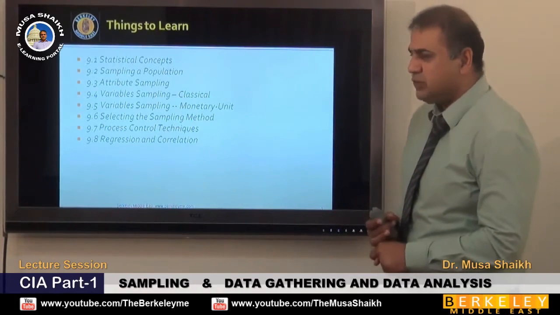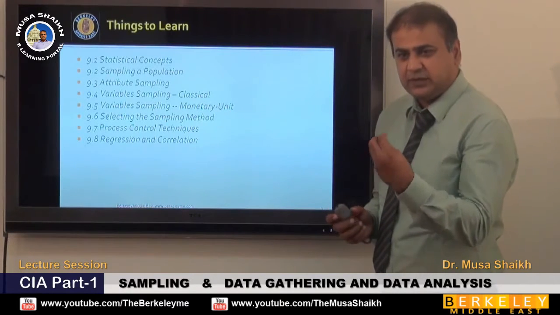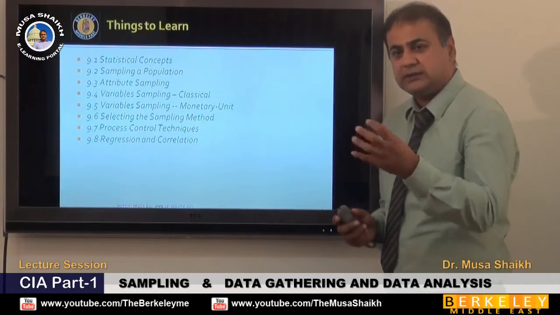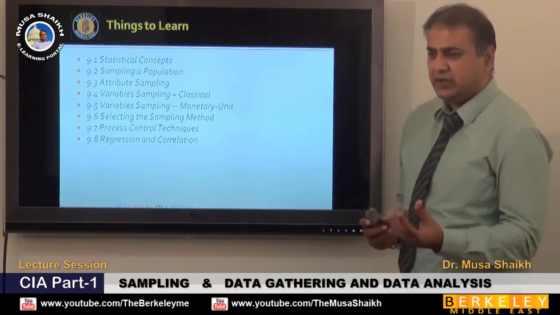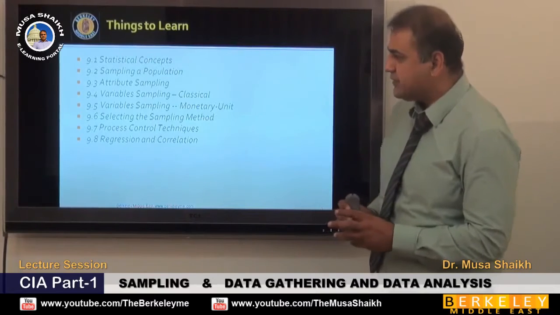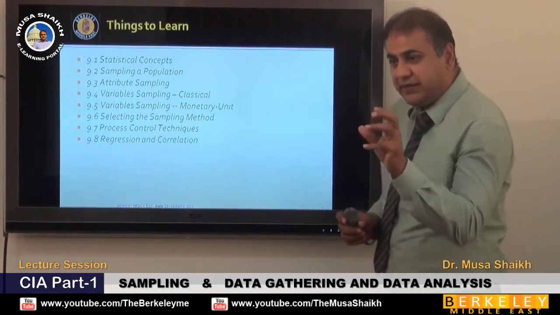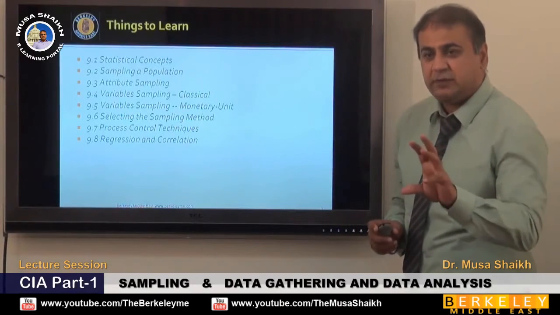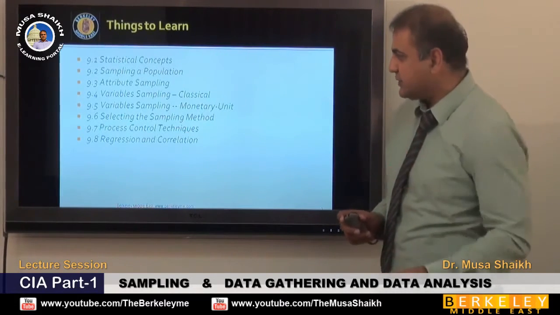Attribute sampling is more subjective. We discussed attribute standards, that we should be honest, with integrity, respectful, with due professional care, all that. Based on that, this is attribute sampling. We take the sample based on certain attributes, which will be qualitative in nature, which we will discuss.